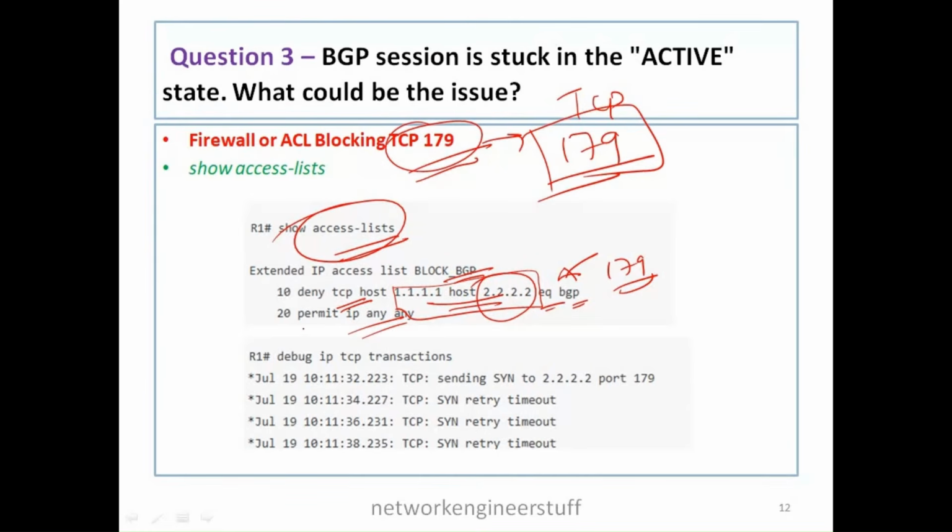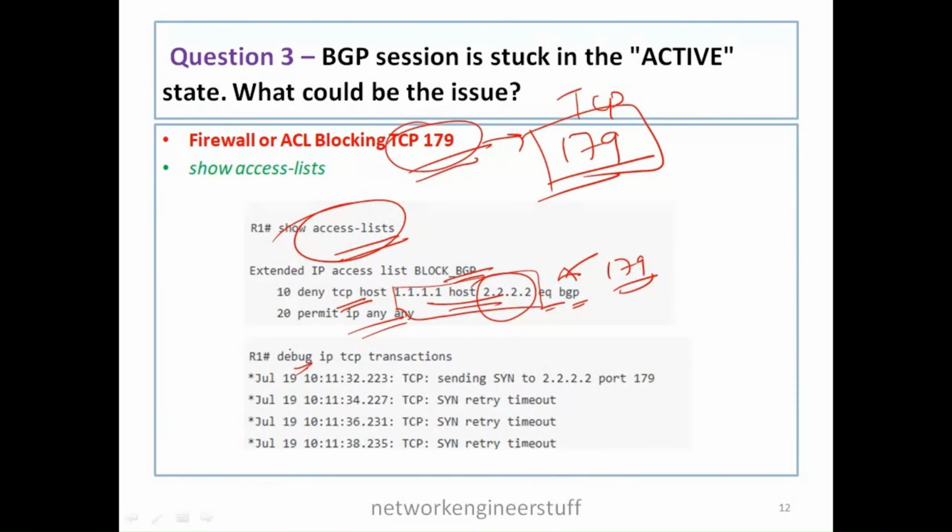Now, how will you know? The interviewer may ask you, okay, fine, but what is the command to check whether TCP port number 179 is getting blocked? So there's one command, a debug command. Of course, since it's a debug command, you don't have to run it in the production network. But still, this is the command: debug ip tcp transactions.